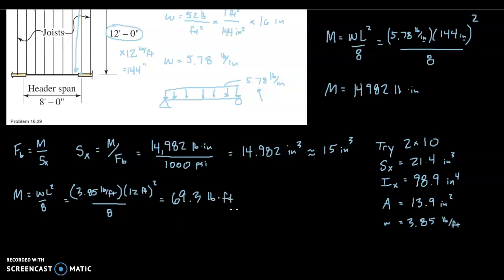So if I want to convert that to pound inches, I multiply. For every 1 foot there are 12 inches, so multiply by 12, and that gives me 831.6 pound inches.